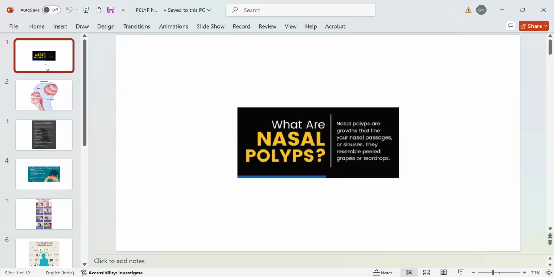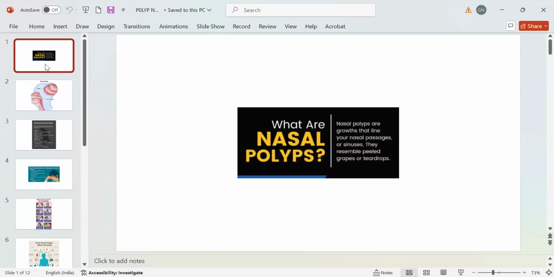So you have to start checking from the nose. And if it is clear, then you think it can be asthma or any other thing. Small polyps are teardrop shaped, like a teardrop or like grapes together.